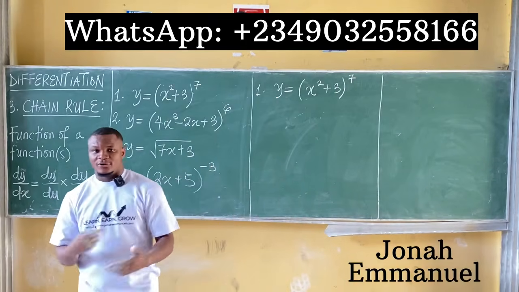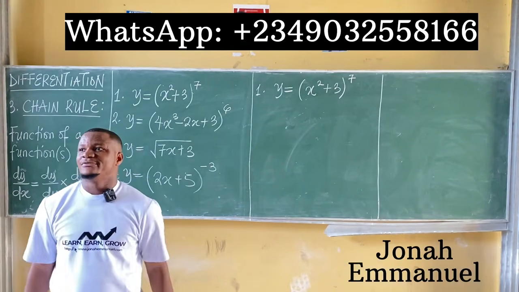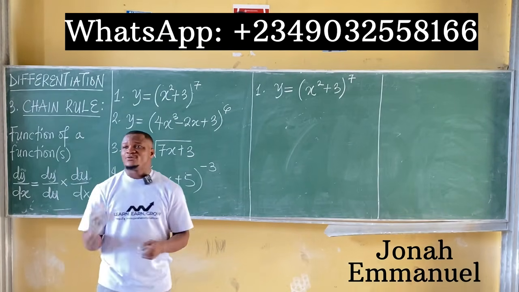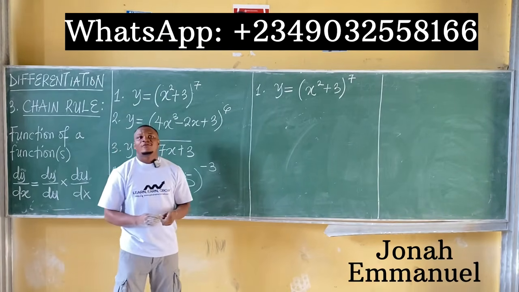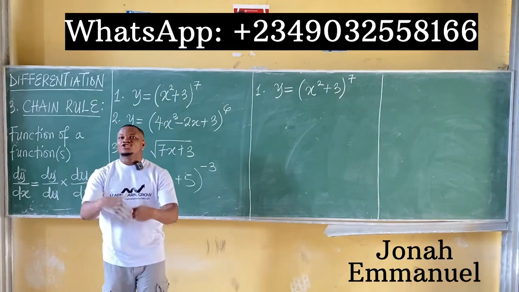For every new method, we look at the steps involved. We've done first principles, right? For the chain rule, what are the steps involved? Let's learn it newly.